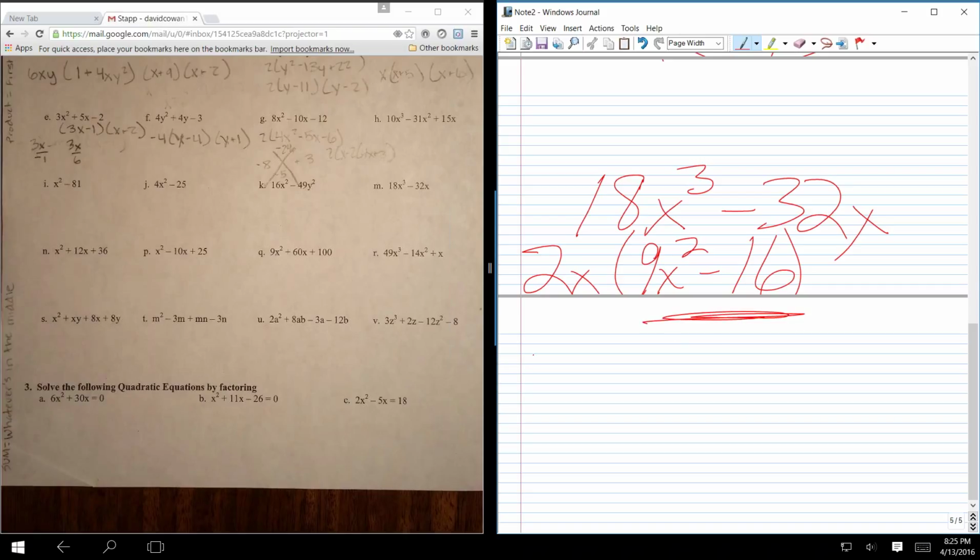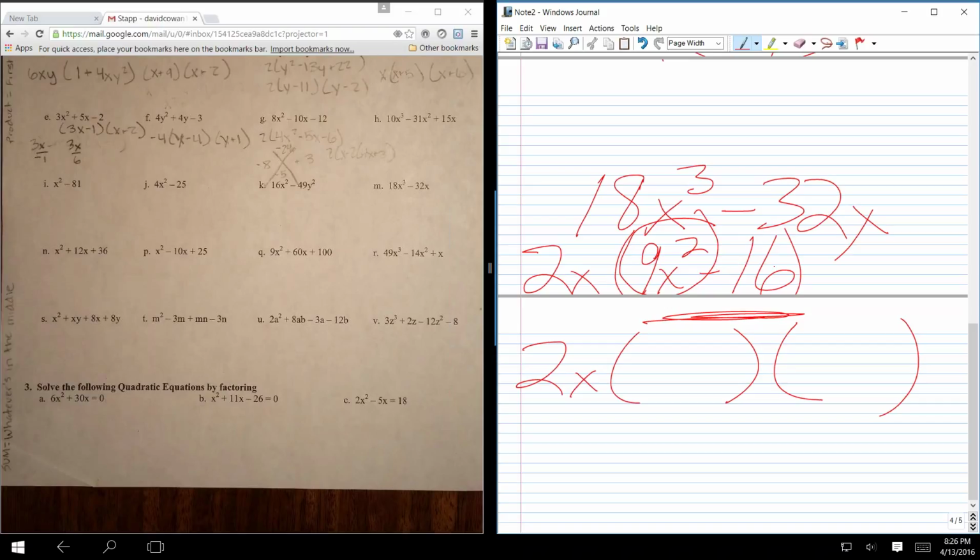That's called difference of perfect squares. So how does it factor? You carry the 2x down, but the problem is now figuring out how to factor 9x squared minus 16.